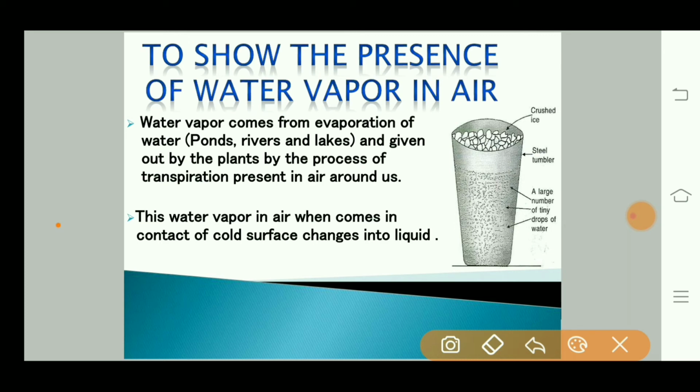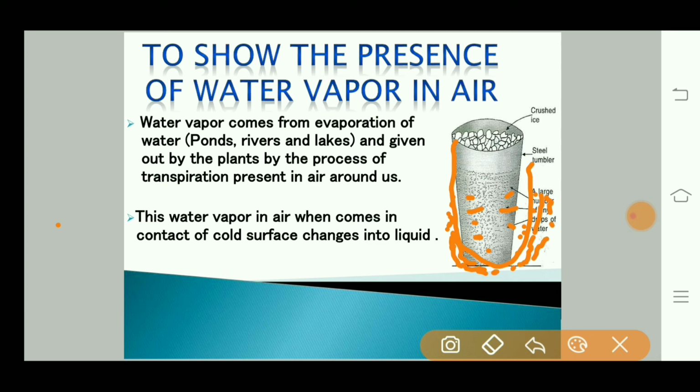For example, as shown in the figure, we have a glass which is half filled with crushed ice. After 5 minutes, we will find that there are some water droplets present on the outer surface of this glass.